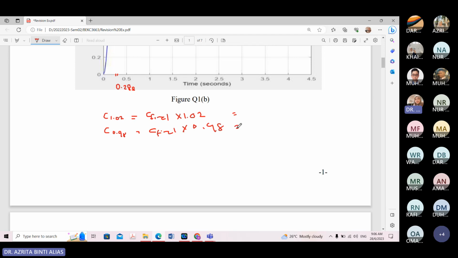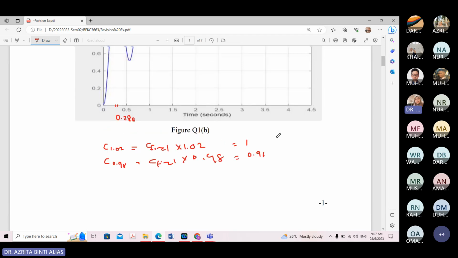Any questions? Can you understand? So we get about 1 for the upper value. For 0.98, the answer is about 0.96.